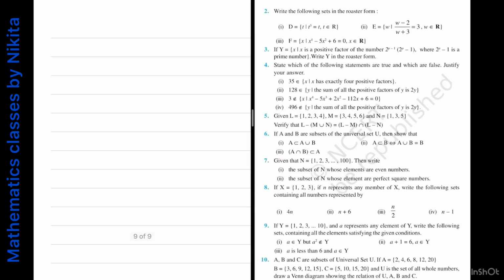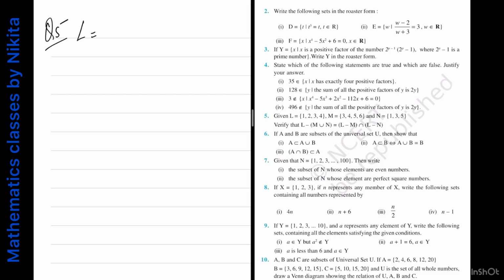So the next question, question number 5, says: given L is equal to this set, M is equal to this set and N is equal to this set, you have to verify that L minus (M union N) is equal to (L minus M) intersection with (L minus N). So write down the sets.